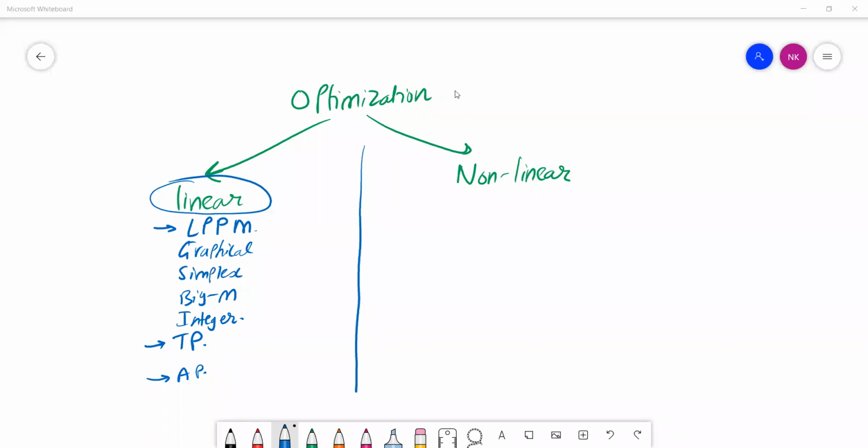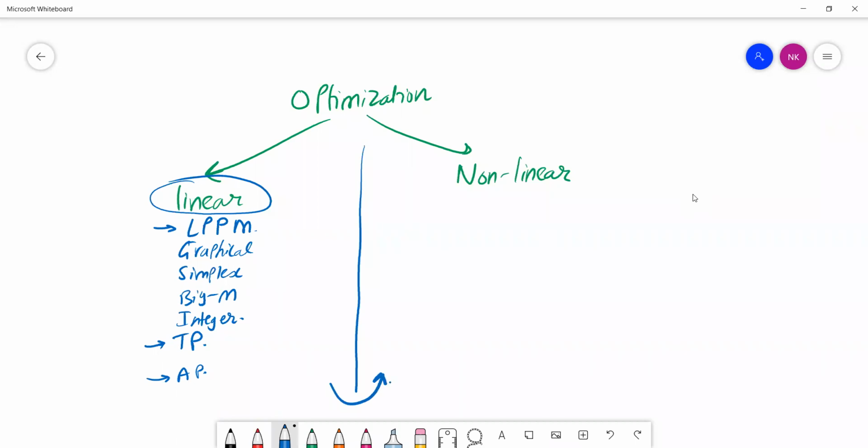Okay, so we were discussing that we have just completed the first part of our optimization technique course, that is the linear programming methods or linear optimization. And from today onwards, we will be moving forward to non-linear optimization.